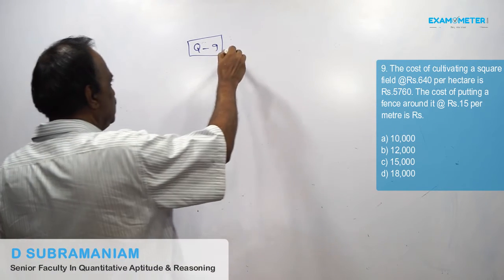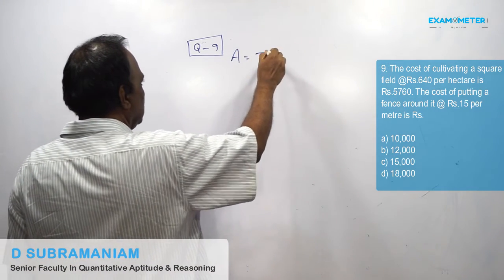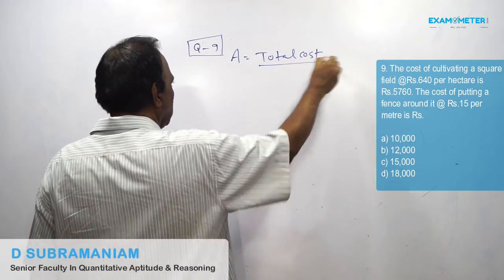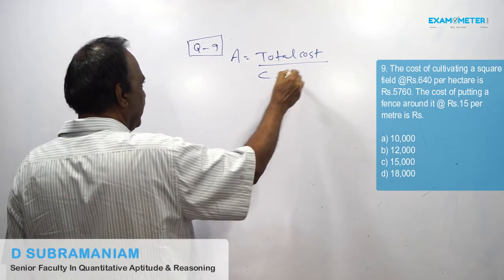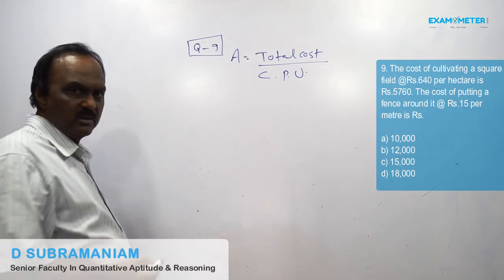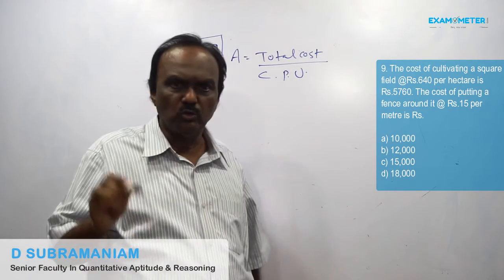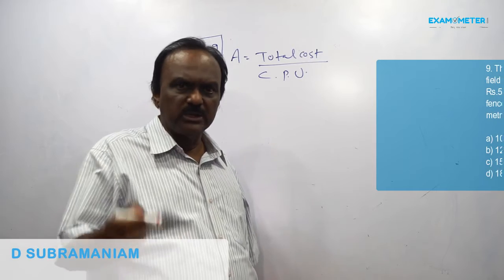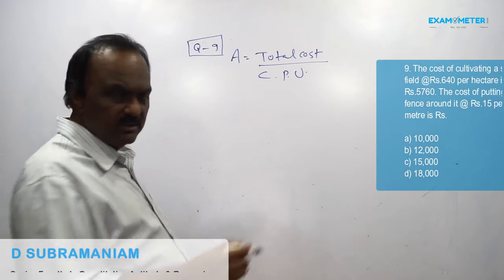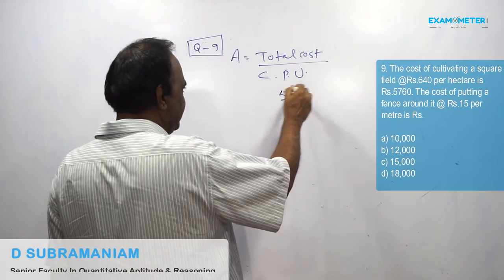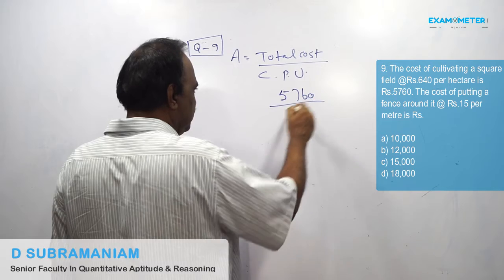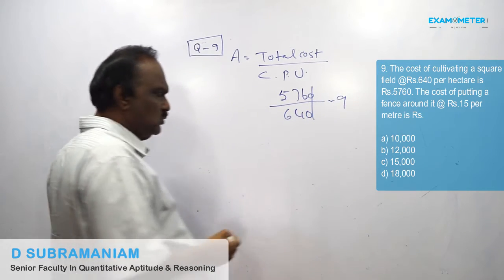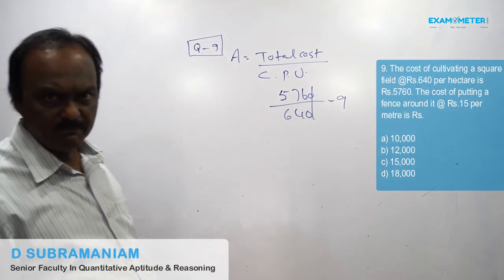Area is equal to total cost by cost per unit. Total cost is given in the question, 5,760. Cost per unit is also given in the question. So area comes to 9 hectares.